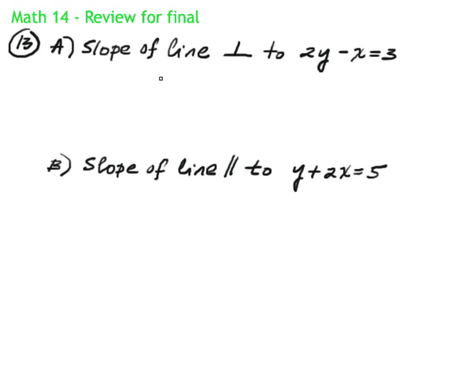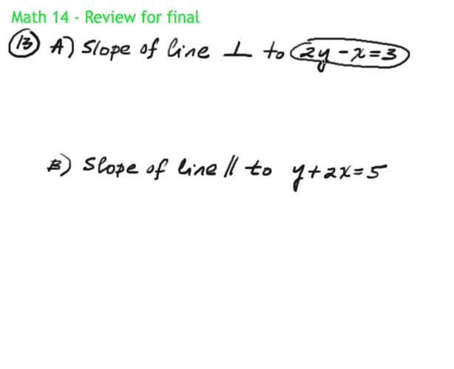Here we want the slope of a line that's perpendicular to the line 2y - x = 3. Now remember, lines that are perpendicular have slopes that are negative reciprocals. So we start by finding the slope of this line, and we have to put this in the form y = mx + b, so we're solving for y.